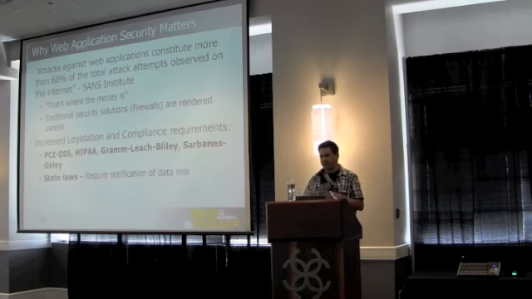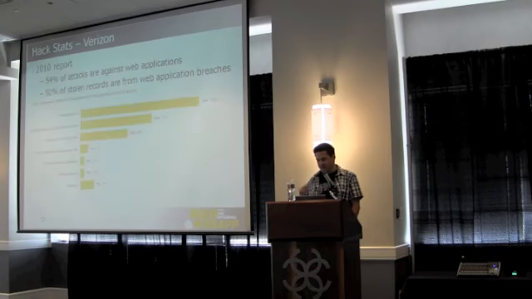Why does this all matter? Well, this is really becoming the focus. Most of the attacks, most of the successful attacks, are coming against the applications. SANS Institute says 60% of the total attacks are coming across the internet. There's legislation that is trying to help, and standards like PCI, legislation like HIPAA and Sarbanes-Oxley. But 54% of the actual attacks are starting to happen against the web apps.